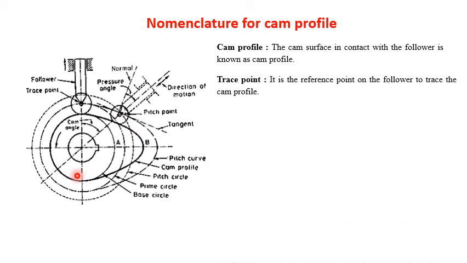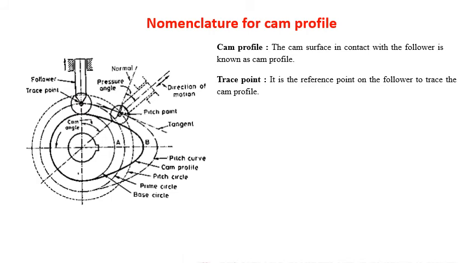Clear? The second important nomenclature is trace point. What do you mean by trace point? Here, this is the trace point. Here we have a roller follower, and this is the shaft and this is the guide. It is the reference point on the follower to trace the cam profile. Since we have a roller follower, this is the trace point.